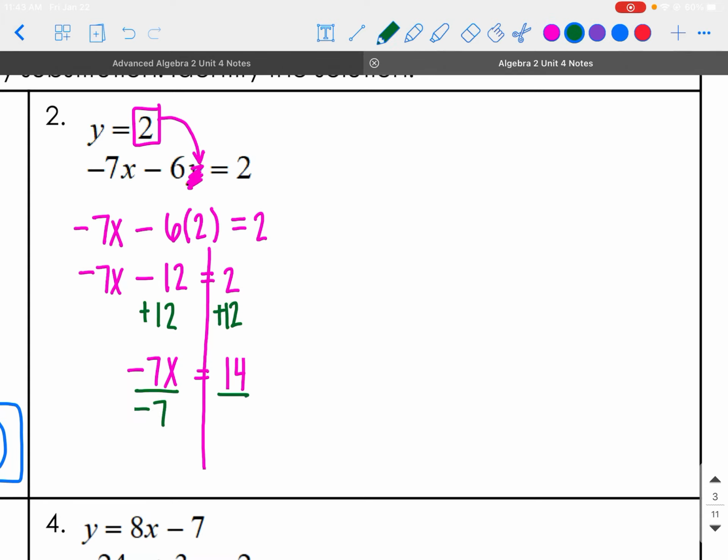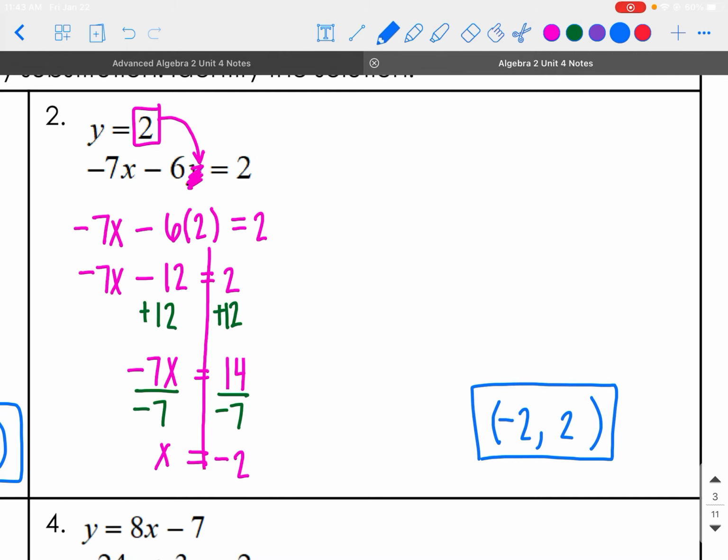And then divide by -7 to get x equals -2. So I know the x value. If I look back at my equation, it tells me that y equals 2. So the solution is the point -2, 2.